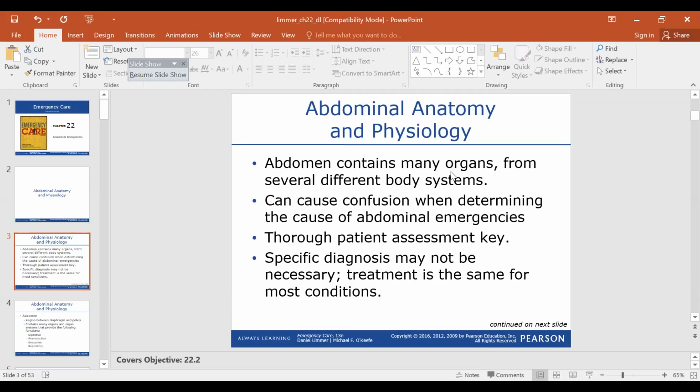So like I said, because you are out in the field, no EMT or paramedic could really pinpoint and make sure that they know exactly what's going on with the patient. So therefore, the priority is to treat for shock for these patients. We do what we can given the situation, but ultimately, like any other patient, they need definitive care, and that definitive care is taking them to the hospital.